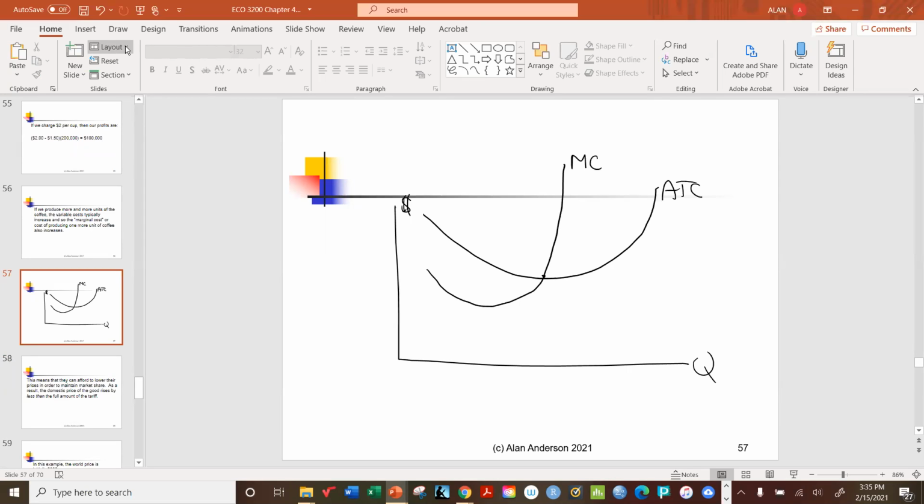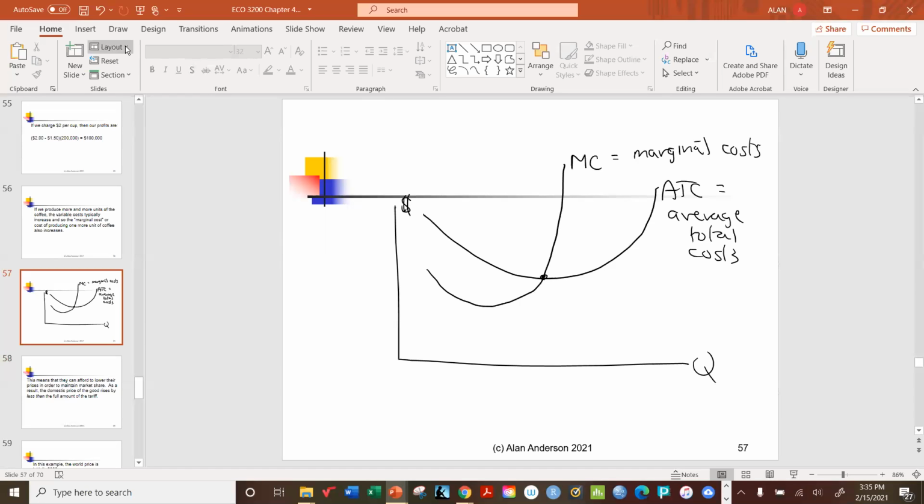And so this is, by the way, marginal cost. This is average total costs. So at first, when we produce more output, the marginal cost drops, but then after a while, it starts to rise again, and then it will rise forever after that.